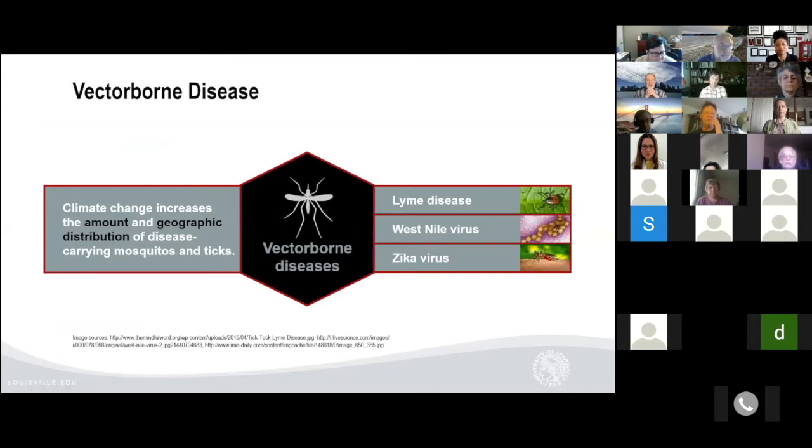So lastly, in terms of the health impacts that climate imposes on us, vector-borne disease. Climate change increases the amount and geographic distribution of disease-carrying mosquitoes and ticks. My example is Lyme disease. Not too long ago, I would share that in Maine, maybe 15 or so years ago, Maine was reporting 6 or so cases of Lyme disease.